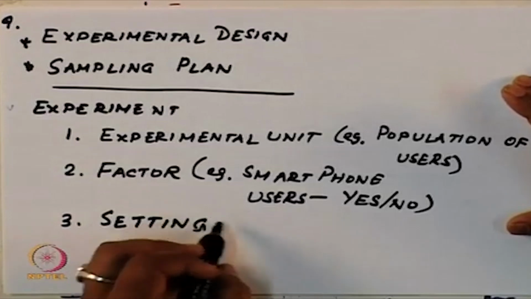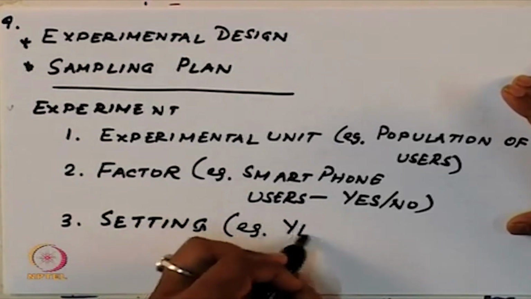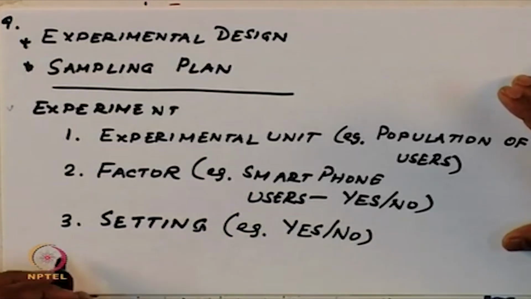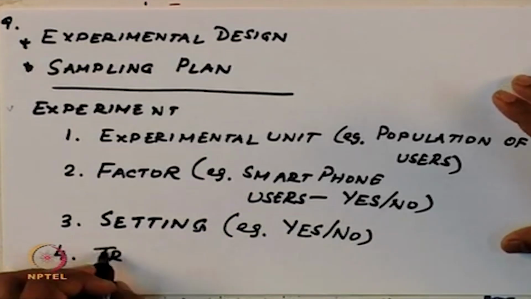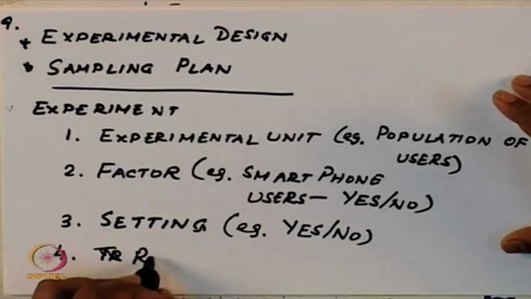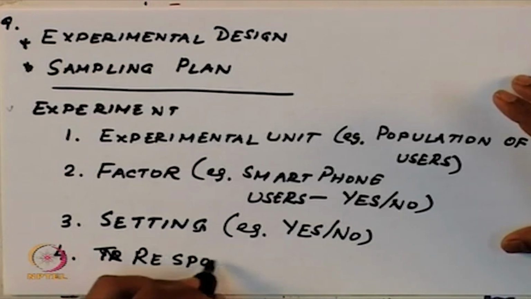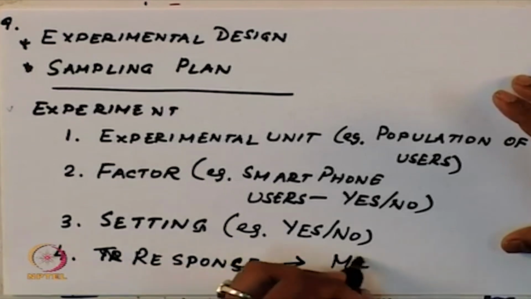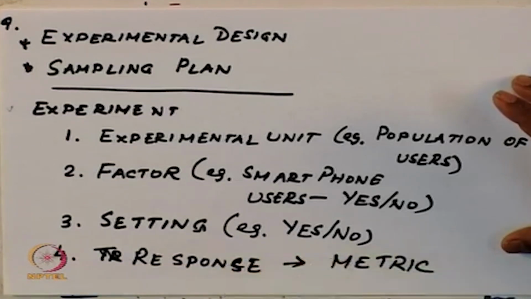For this particular example, my setting is simply yes or no. And you have the response, which is basically whatever metric you calculate from the statistics.